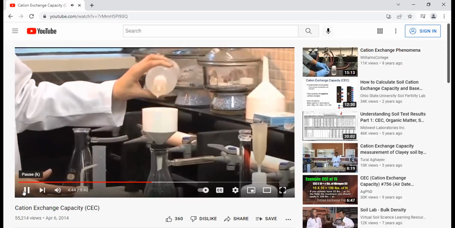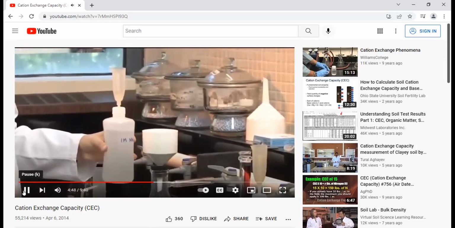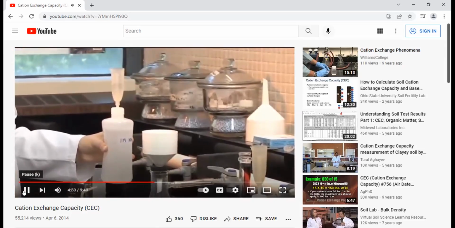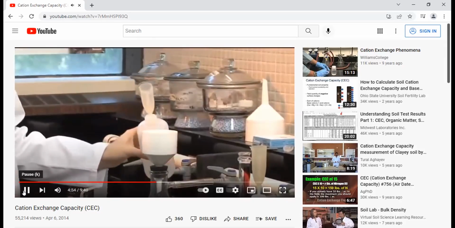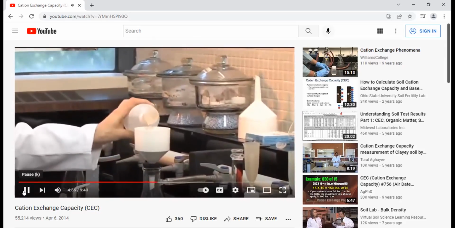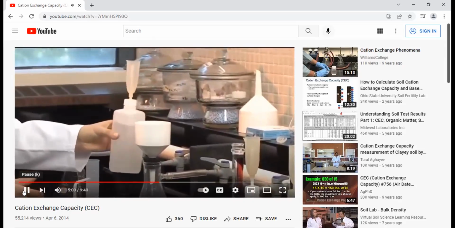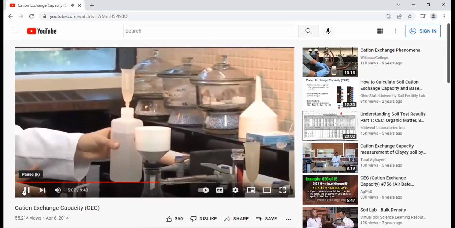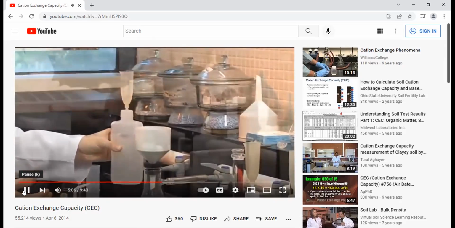So there's 1 rinse, 2 rinses. So again, what we're doing here is displacing all the original cations and replacing them on the exchange sites with the ammonium ion.